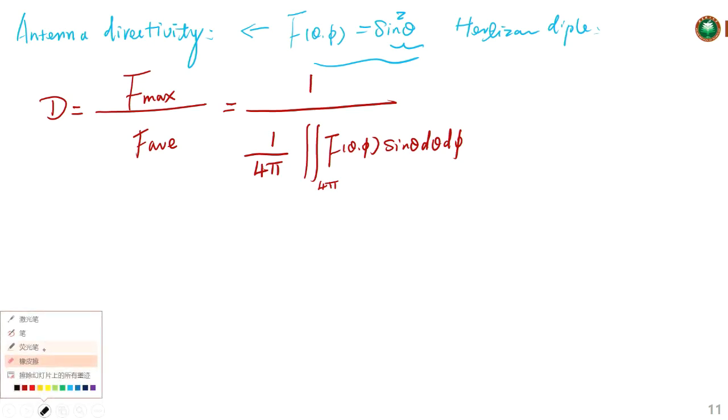More general condition, let's take it further. Could you remember what this can be expressed as?